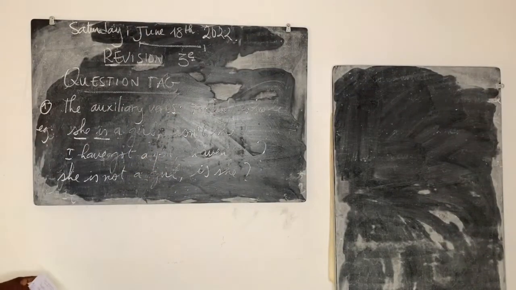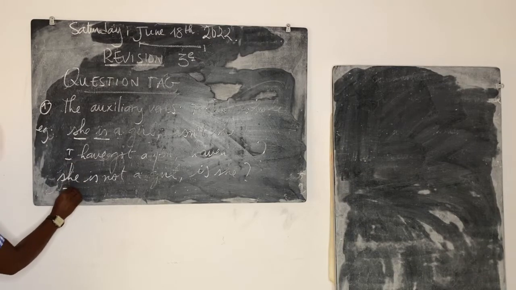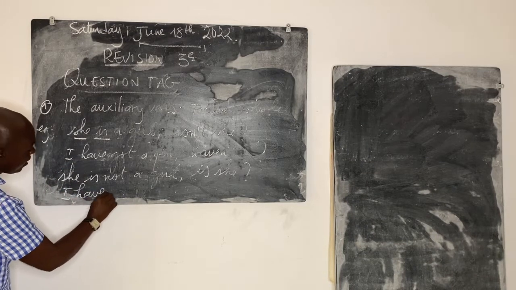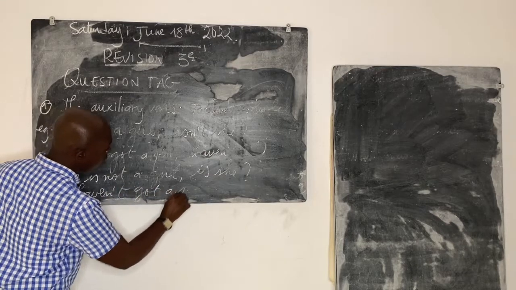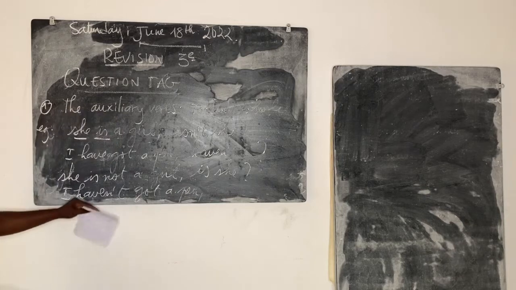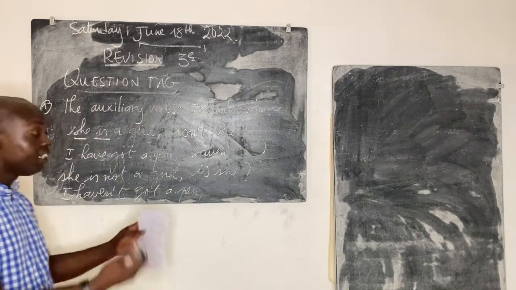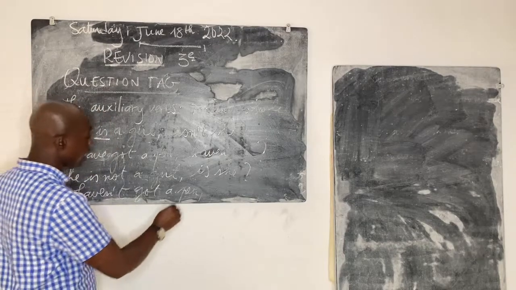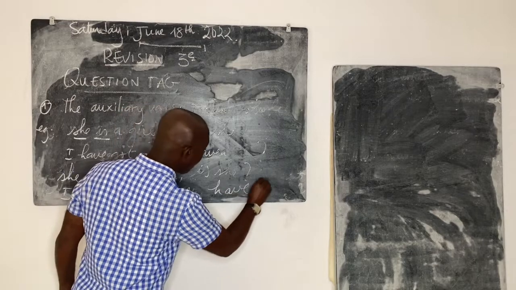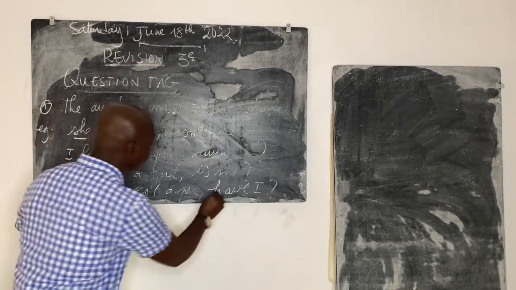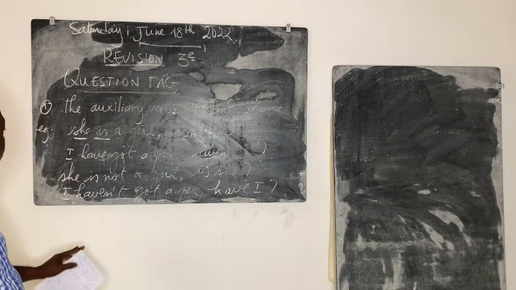And when I say I haven't got a pen, the sentence is in negative form, so the tag is going to be interrogative form: have I? This is for the auxiliary verbs.